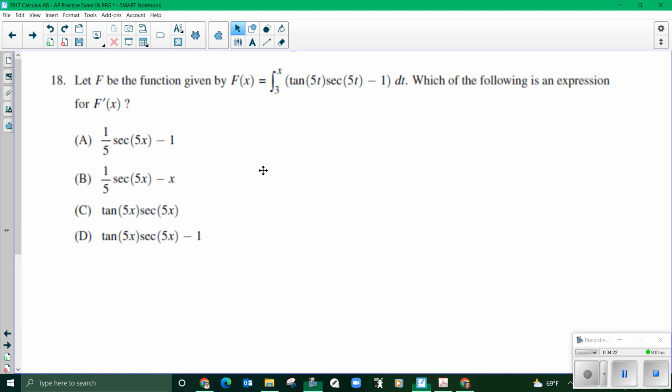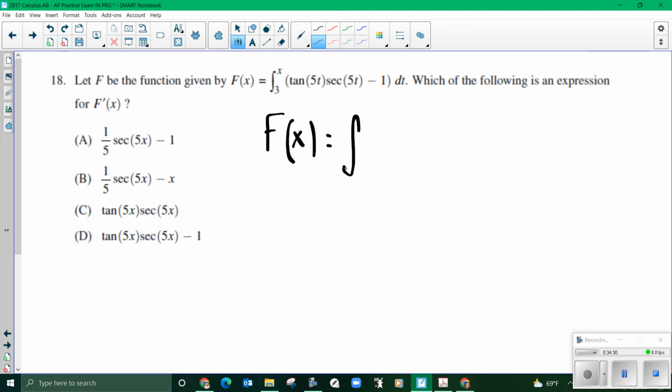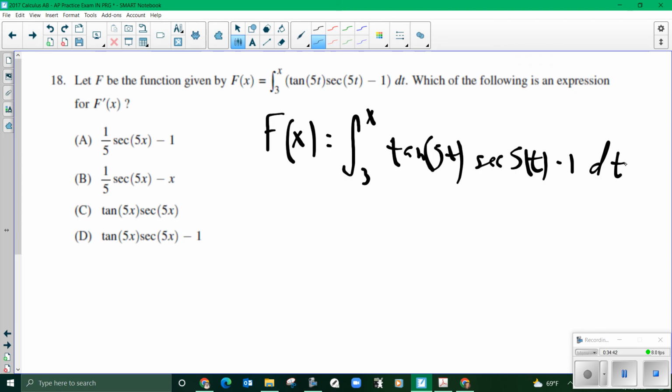If I have this equation F of x, and it equals the integral from 3 to x of tan 5t secant 5t minus 1 dt, and I want to take the derivative, right? I need to take the derivative of this.